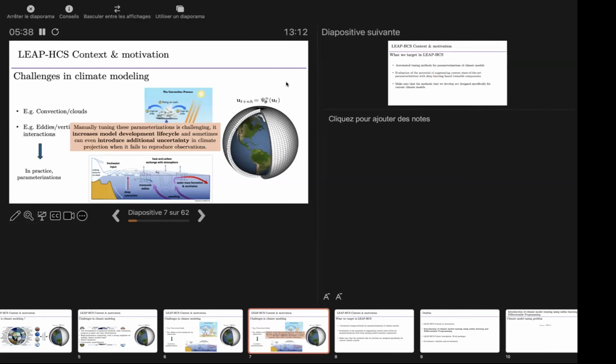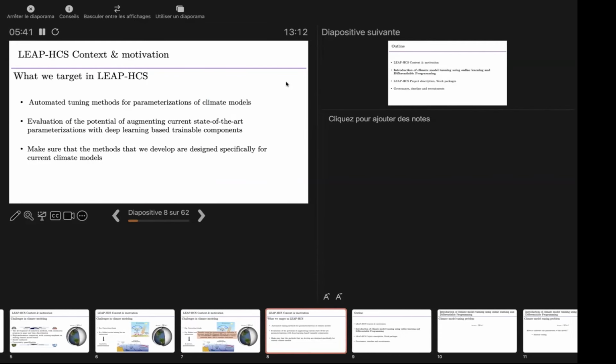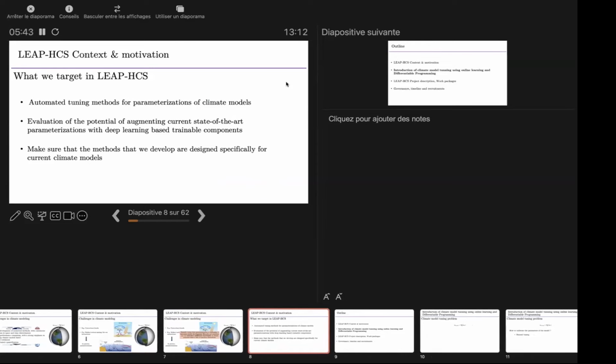So based on these observations, the goal of LEAP-HCS is to derive automated tuning methods for parameterizations of climate models by using ideas from online learning and differentiable programming. And not only that, but we also aim to evaluate the potential of augmenting current state-of-the-art parameterizations, typically things that will be discussed by Julien in his keynote, by adding deep learning components into these parameterizations and training them in order to make the climate model simulations reproduce observations faithfully.